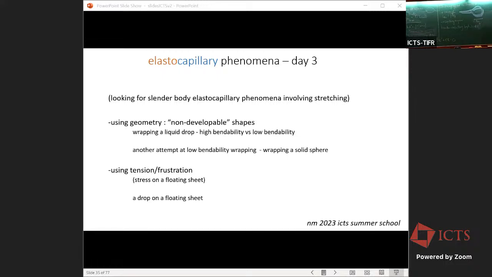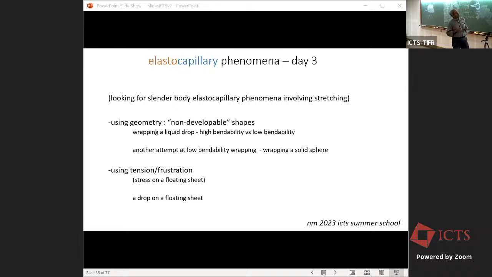What I want to tell you today a little bit about is, again, slender body stuff, thin sheets, thin rods, thin sheets really. It'll feel a little less like a linear progression than the last 2 days. At least it was a linear progression in my mind. But let me tell you what the driving theme is, and then maybe that will help you when I go and do this, you won't think, why are you doing that?